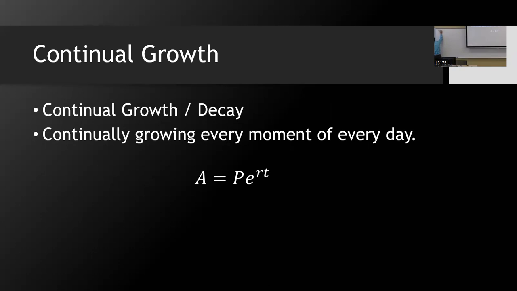Now there's one other example that we're going to deal with as well. And the other example is going to be when we compound continually. That means we're always in a state of growth.